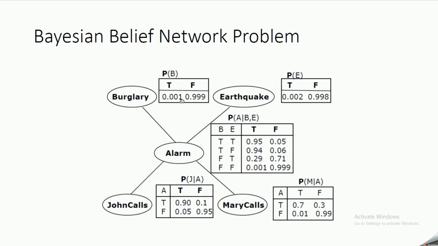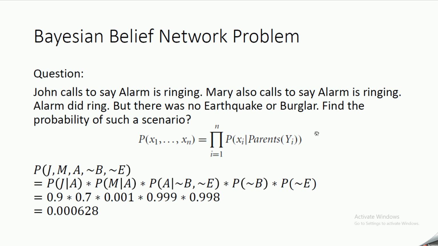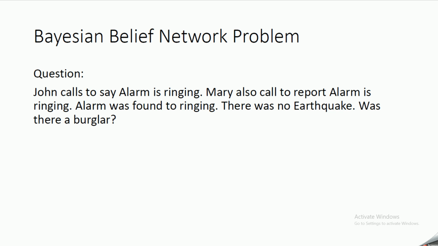Then the negation of B, which is 0.999, and the negation of E, 0.998, and you multiply and you get the probability of such a scenario. You can try out the second question by yourselves.